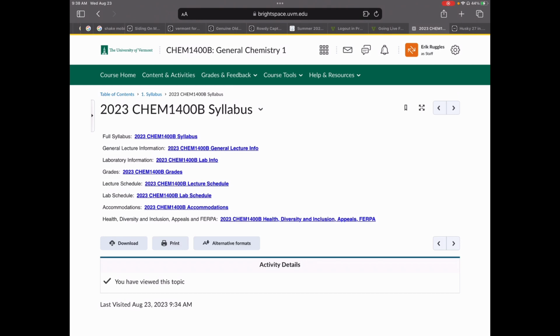So if you're just looking for specific information like lab information or lecture schedule or grades, I've split that syllabus up so you can go directly to that section so you don't have to search all around. Again, at the top, under the green navigation area, we have the ability to go backwards, right? So I'll go back to the table of contents.